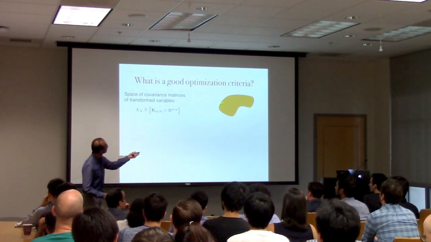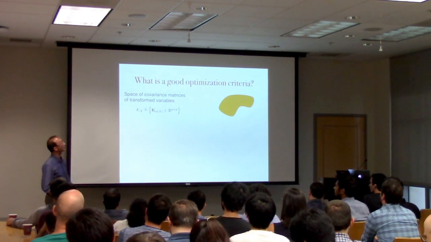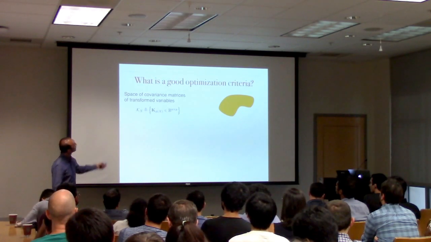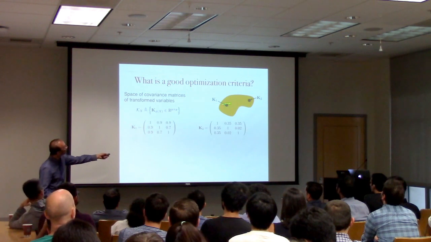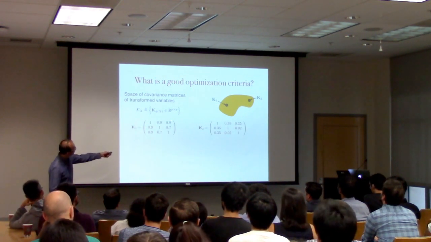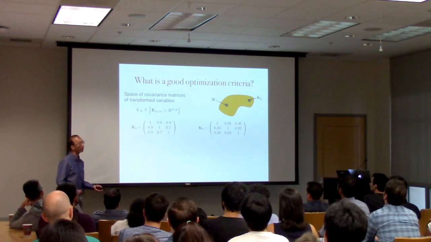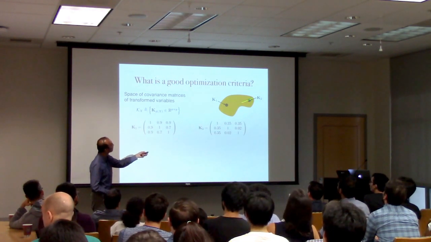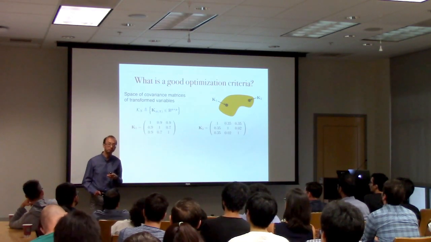And so here I have a space. The question is, what is a good optimization criterion? OK, let's go for an example. So suppose I have 2 matrices in the set. One looks like this, and one looks like this. These are 2 possible covariance matrices, maybe by applying 2 different functions on the original random variables.